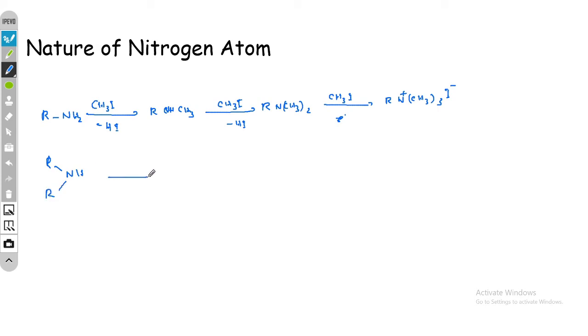NHR, when treated with one molecule of CH3I with the elimination of HI, we will get a tertiary amine, CH3R. Then again it will add one more CH3I, and we have the quaternary ammonium salt, CH3 twice, I minus.